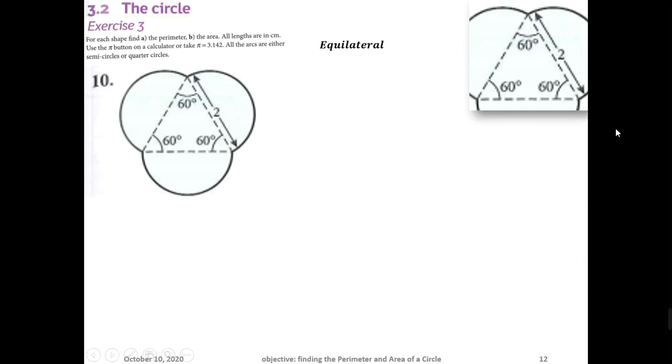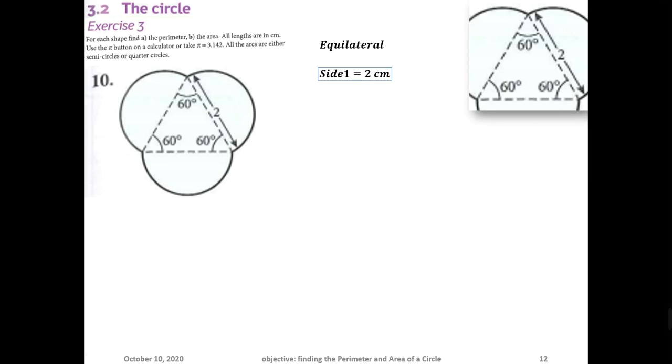In an equilateral triangle, we need the length of 2 sides and the angle in between. In an equilateral triangle, all sides are equal and all angles are equal. So if this side is 2, then the other 2 sides are 2 centimeters as well.